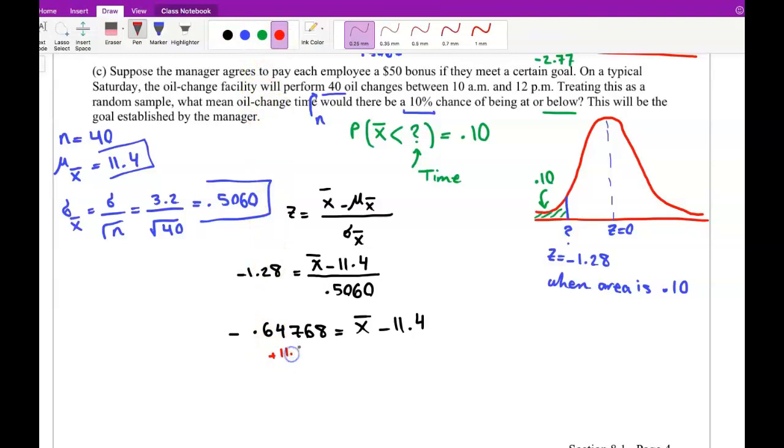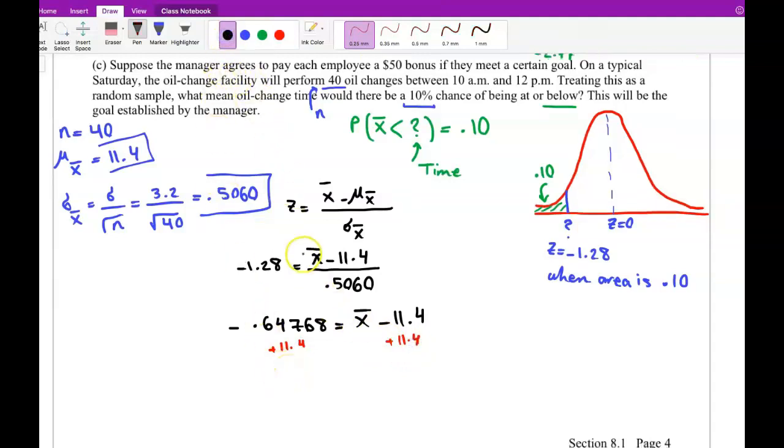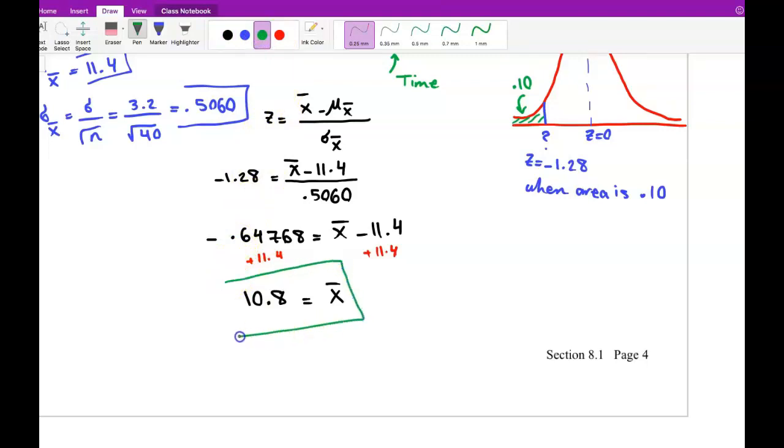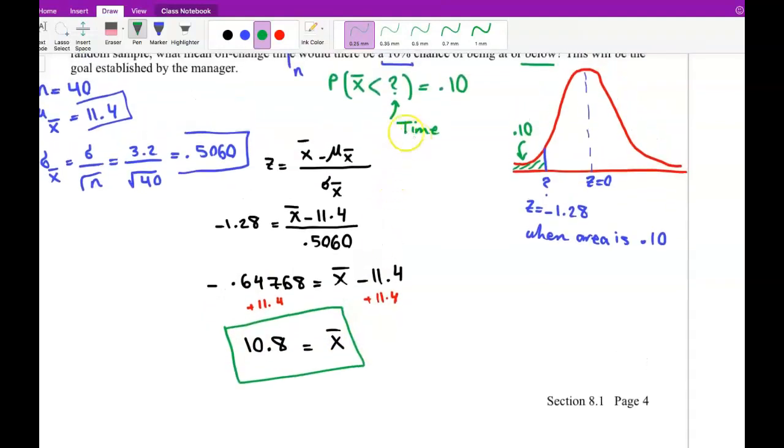Add 11.4, so x bar is equal to 10.8. Since that one was time, this means we have 10.8 minutes.